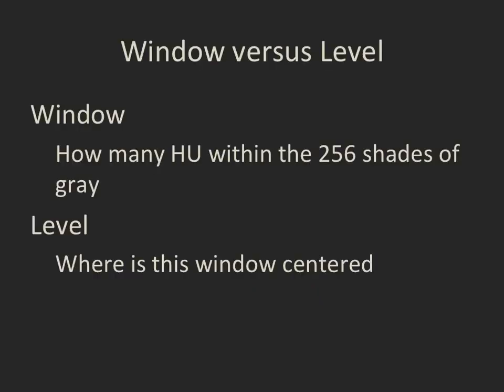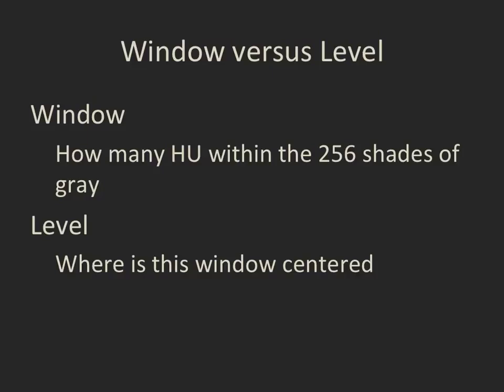So remember that I talked about 2 figures for every window display. Window is used generically to mean the lung display or the abdominal display or the bone display and so on. There were 2 values, a W and an L. The W stands for window. The window is how many Hounsfield units are displayed within those 256 shades of grey.